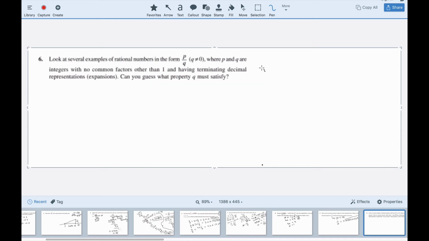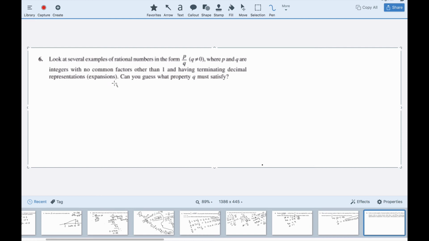Now it says, look at several examples of rational numbers in the form p by q where q is not equal to 0 and where p and q are integers with no common factors other than 1, basically coprime, and have a terminating decimal expansion. So can you guess the property q must satisfy? This we have already discussed in the previous questions.